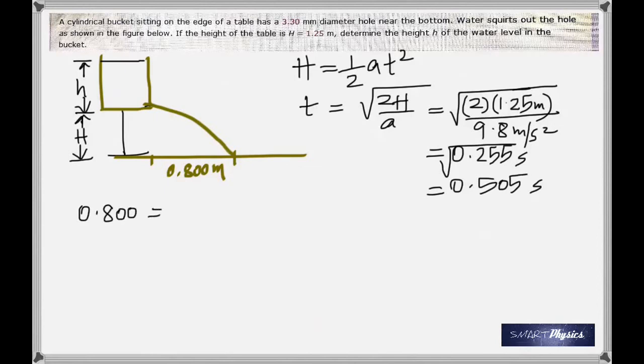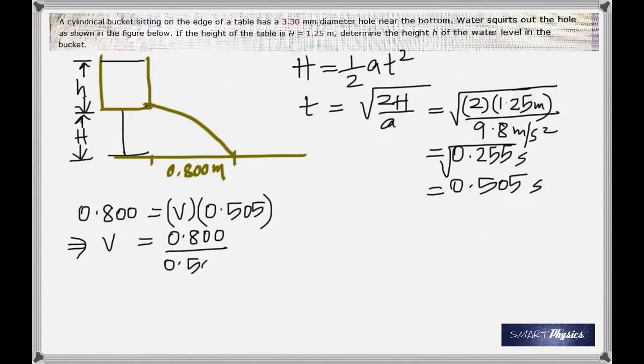Now, since the horizontal displacement must be equal to the velocity with which water comes out, multiplied by the time, because velocity is a constant, it's horizontal. From there, we can find out the velocity with which the water actually comes out. And for that, divide these two numbers, and that gives 1.58 meter per second.